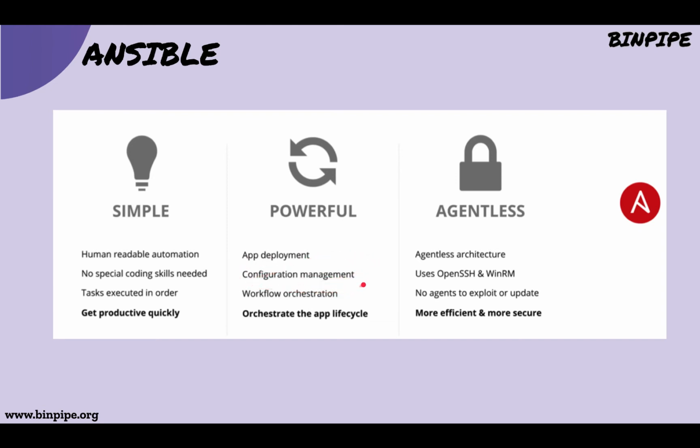You want to change an Apache config file, or change the IP address of a Linux system, or change a certain port number in a config file, or create a database on a MySQL server. So anything related to configuration management can be done using Ansible.